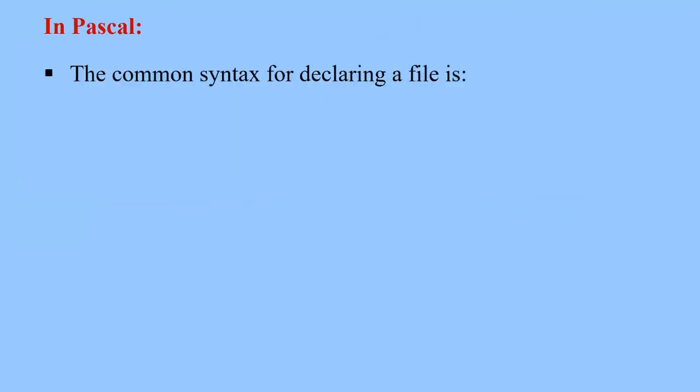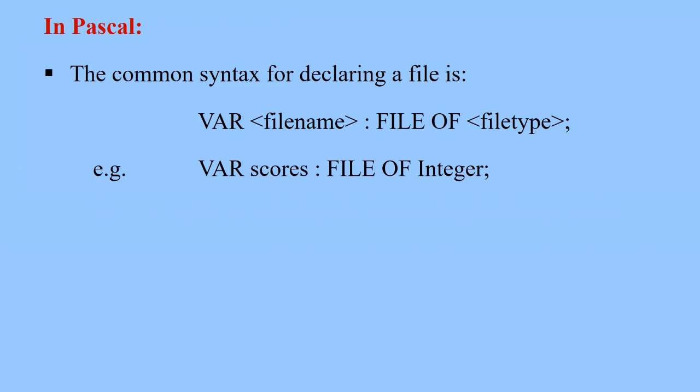So in Pascal, how do you go about it? The common syntax for declaring a file in Pascal is var file name, then file of file type. For example, var scores, file of integer.